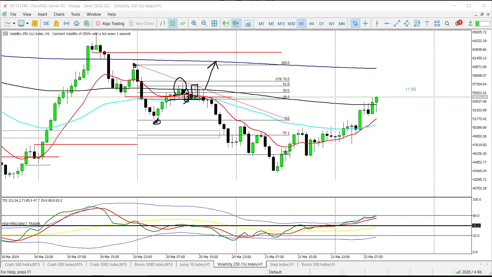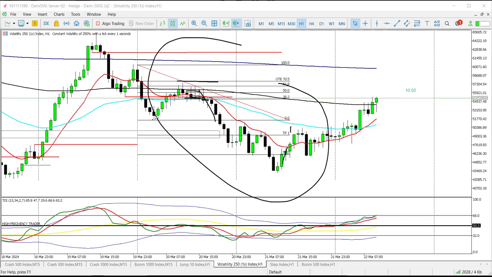However, if I had entered at any point with my stop loss above the pin bar, like we learned in the candlestick trading Bible, my trade would have played out all the way to TP1, TP2, based off our FIB2, or to TP1, which would have been this day's lows, and TP2, which would have been this zone here.